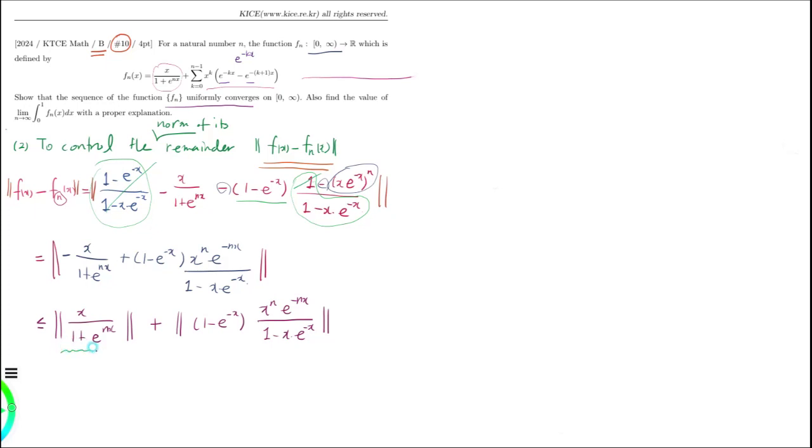And then for the first term here, this is less than or equal to x over e to the nx power, because the denominator is smaller in this case.